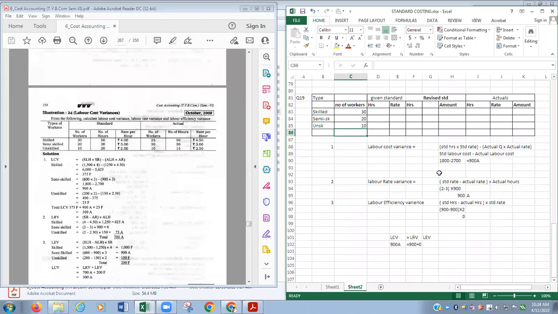So it doesn't matter, your formula remains the same. Okay. Now number of workers given, number of hours is given 50 and rate is given 4 for skilled. We need to modify the format a little bit.